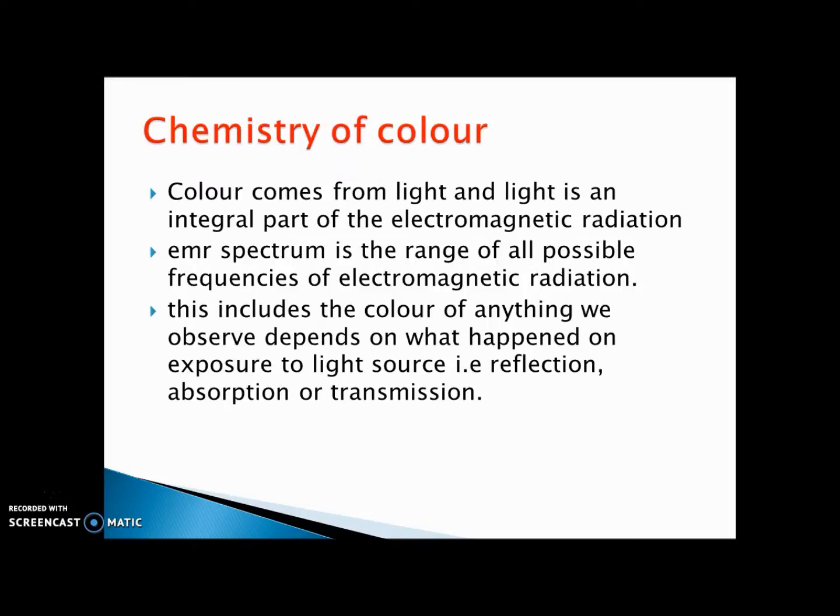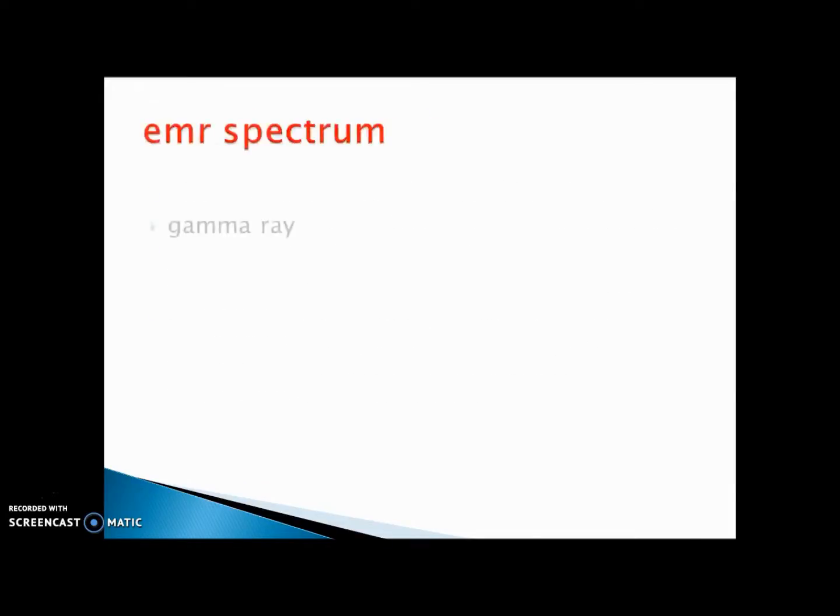For anything we observe depends on what happens on exposure to light. Anything we see has to really reflect the fact that color has been present on it, which has been resulted through reflection, absorption, or transmission.